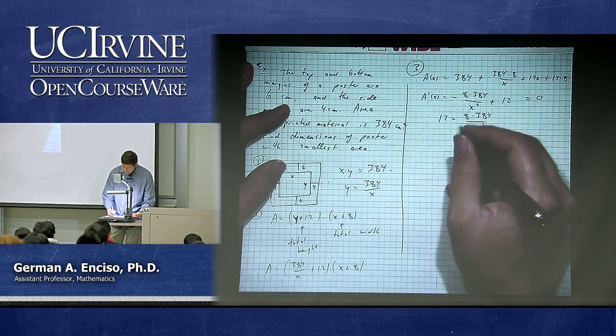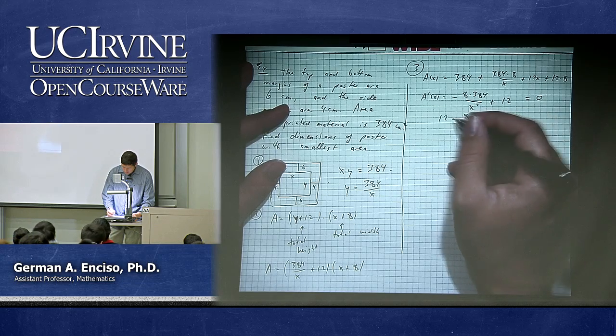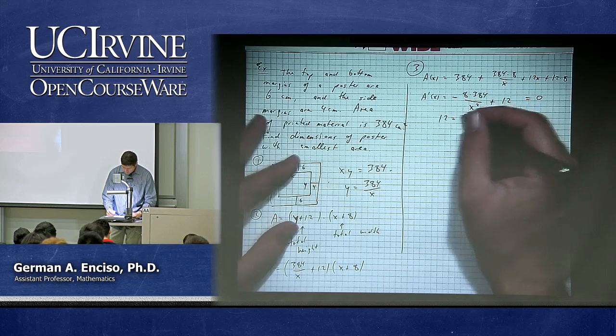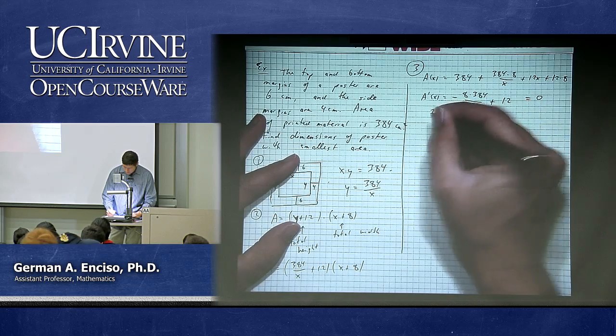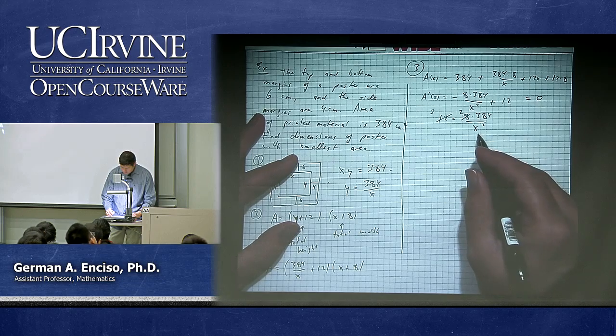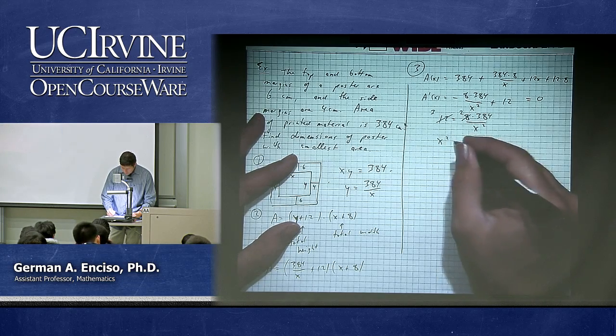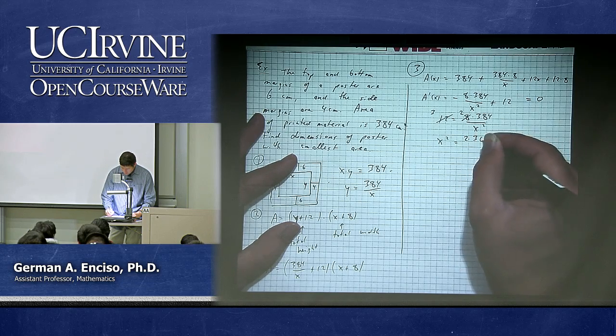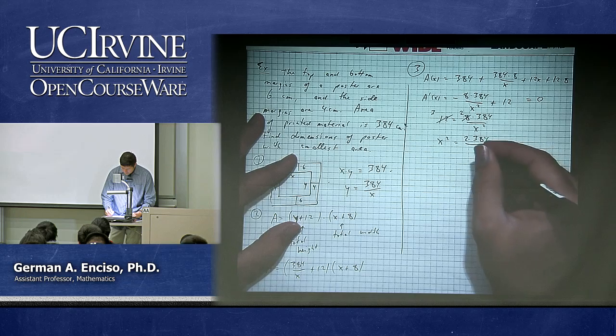Here I can cancel out, this turns into a 3, this turns into a 2. X squared is equal to 2 times 384 divided by 3.